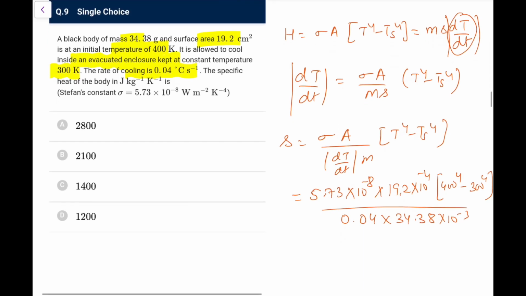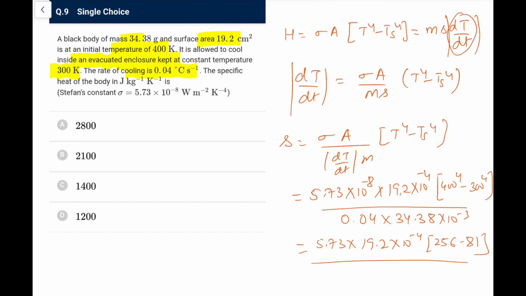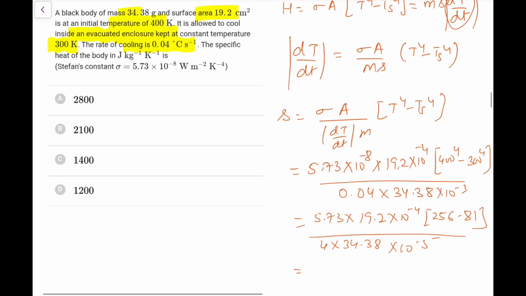So 10 to the power 2 to 10 to the power 8 I can take out, so it is 5.73 into 19.2 into 10 to the power minus 4 remains, 10 to the power 8 goes, 4 to the power 4 that is 256, 3 to the power 4 that is 81. And now what we have, you can write it as 4 into 34.38 into 10 to the power minus 5. So that goes up, that becomes 10. So 5.73 into, let's say it is 192.